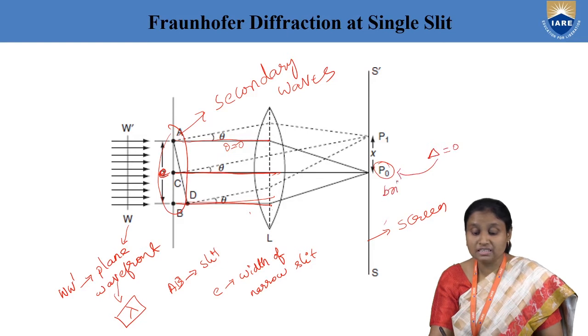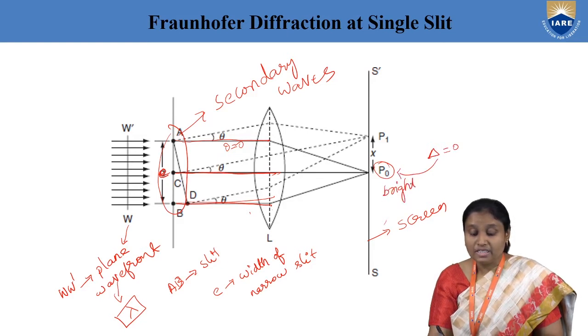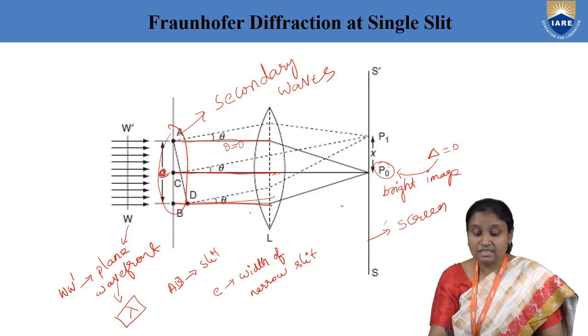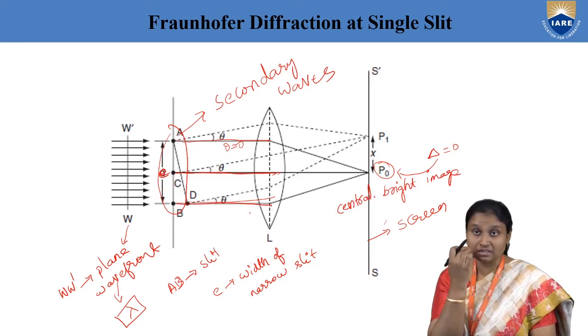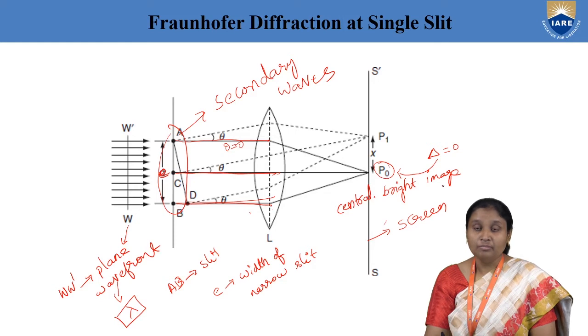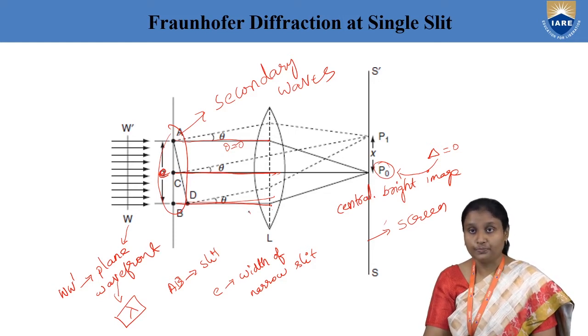That's why your central point P0 will be a bright image. So it's a central bright image. Your point P0, which is the locus of secondary waves traveling normal to the slit, will give rise to a central bright image because path difference between these secondary waves is 0.